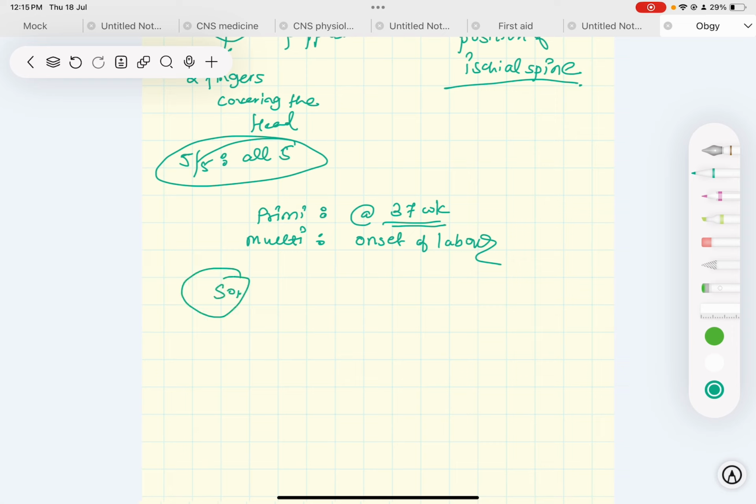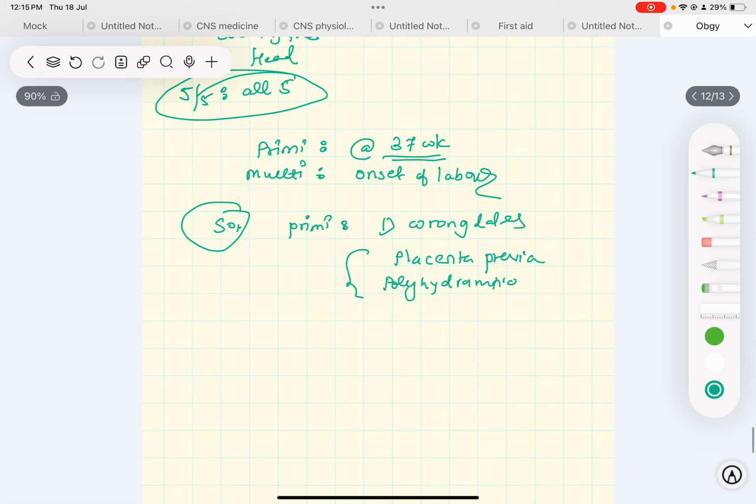So if beyond 37 weeks in a primi, we see a free floating head, it might be wrong dates or placenta previa or polyhydramnios, as we have discussed these causes in unstable lie, or it can be CPD or deflexed head.